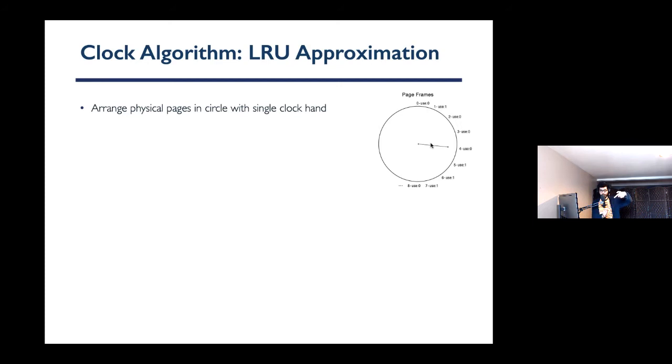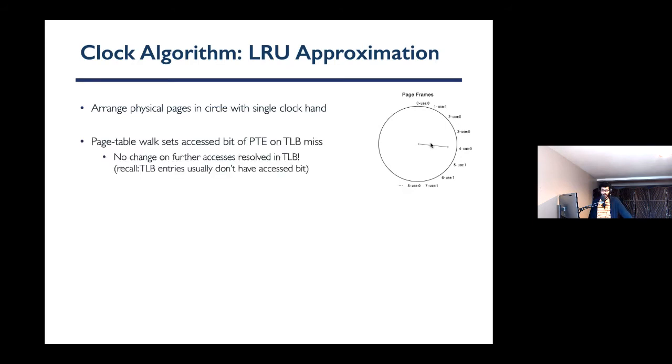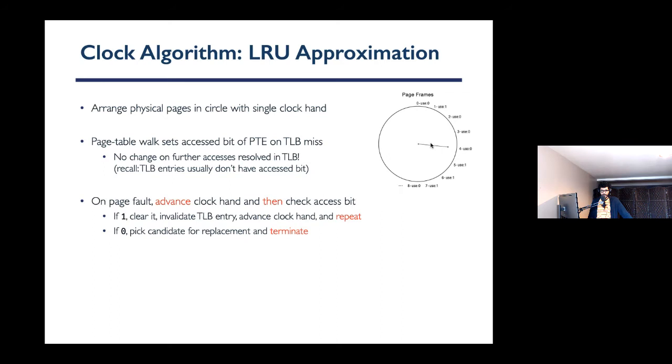If it is set to 1, then you set it to 0, you shoot down the TLB entry, and you tick one more time until you find a page that has the access bit set to 0, and then you evict that page. So that's basically how we approximate LRU.